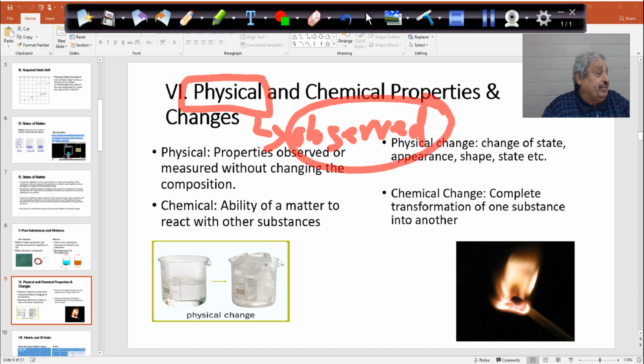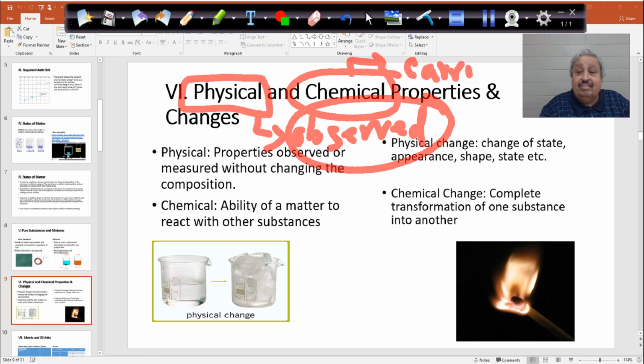You are observing things, correct? But the chemical change has to be carried out. You do an actual experiment with that. Those are the keywords.